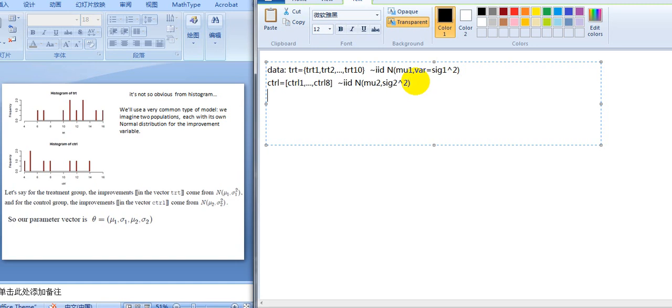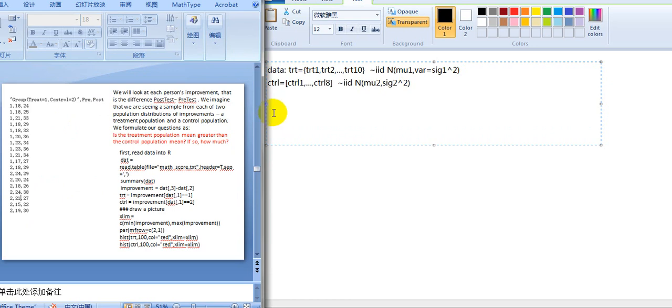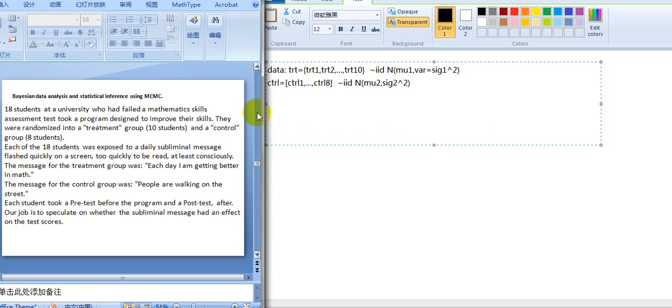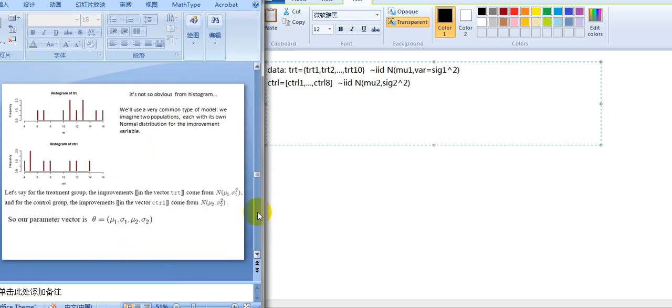Okay, that's our model and the data. Like what I said here, treatment group has 10 students and control group has 8 students. And our parameters are mu1, sigma 1, mu2, sigma 2.